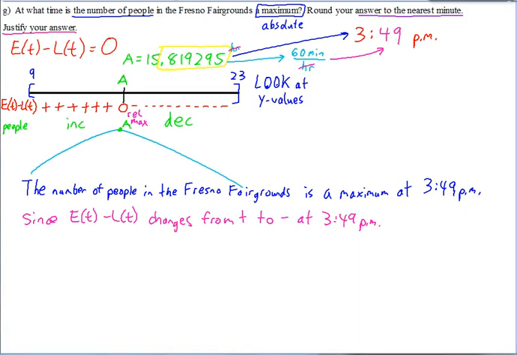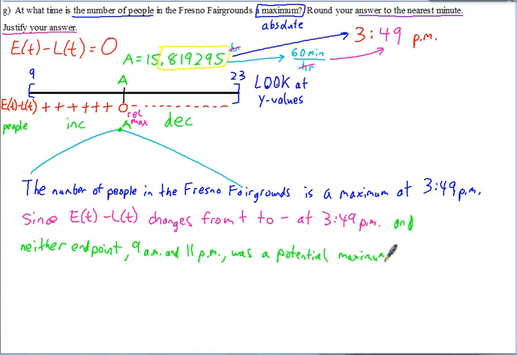And there's one other thing that's probably a good idea to mention, just so that you show you consider the endpoints. And you can say, and in this case our endpoints were 9 and 23. Either endpoints, might as well specify 9 a.m. and 11 p.m., was a potential maximum.